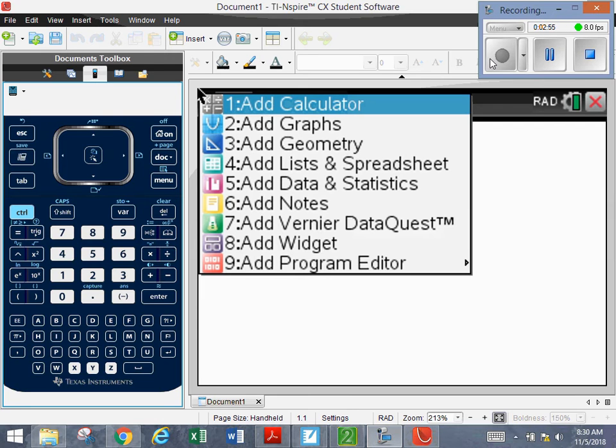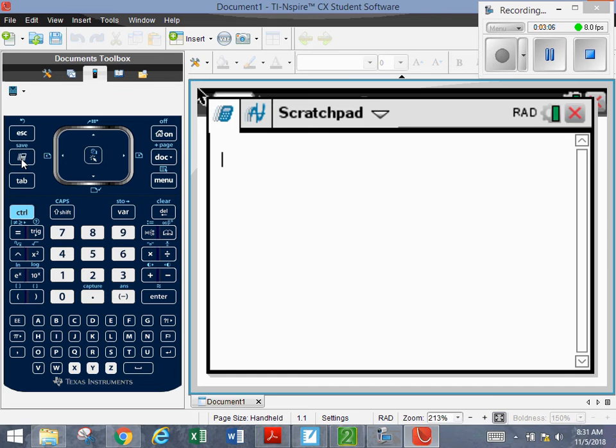All right, so let's calculate a factorial using our TI-Nspire calculator. At this point, you can just use your calculator button. So go ahead and hit this calculator button here. We're just going to make a calculation.